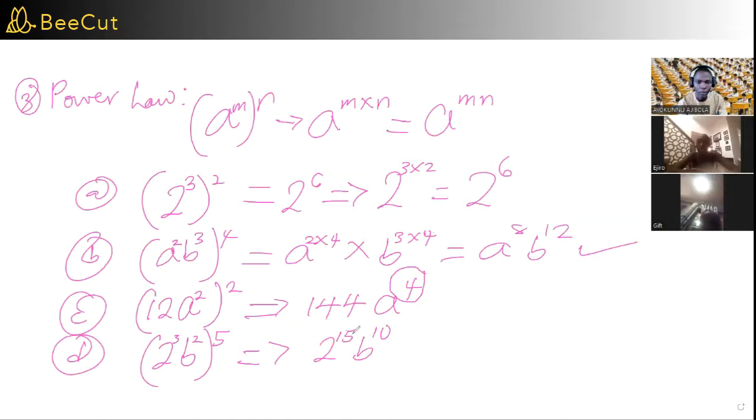Now, Gift, where did I get the 15 from? Three times 5. Yes, it is this 3 times this 5 that gave me 15, while the 2 times the 5 gave me the 10. Okay, very good.